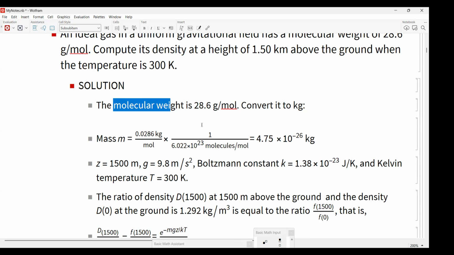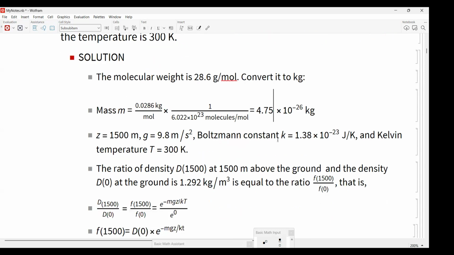Convert it to kilogram. So we have 0.0286 kilogram per mole times 1 over the Avogadro's number. So we have the mass here, 4.75 times 10 to the negative 26 kilogram. This is the mass of one molecule.